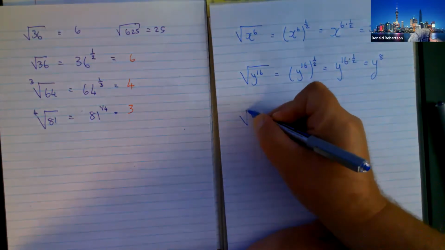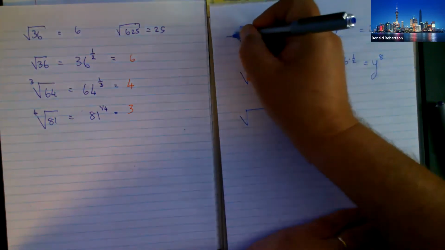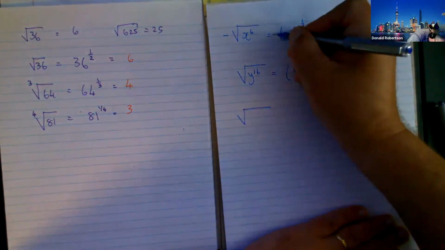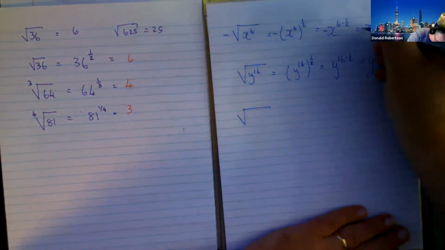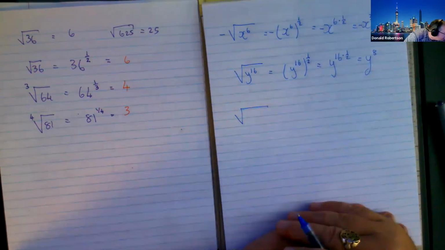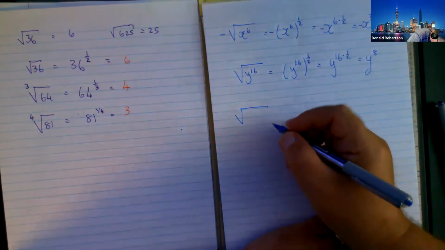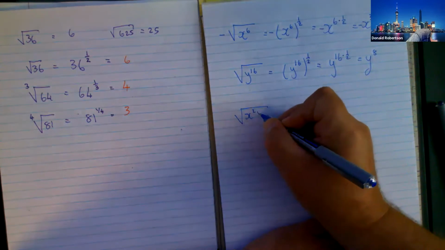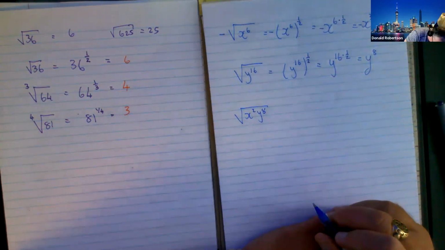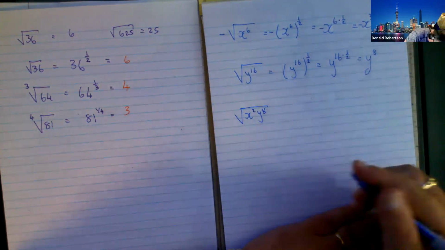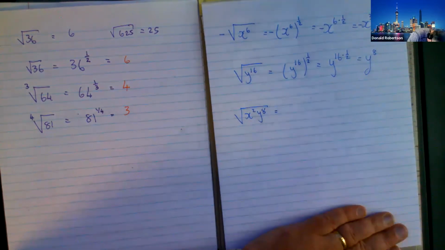Now, what happens if you, well, I don't know, stick a negative there? Well, the only effect that will have is that. So it's not a big deal. Now, suppose you have two variables inside the square root and you want to simplify. Then there's two steps.